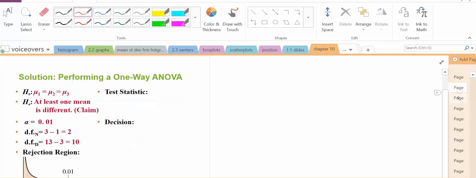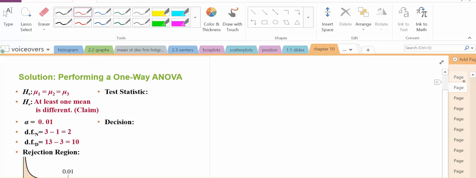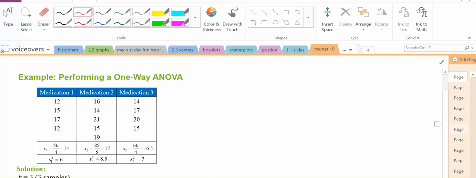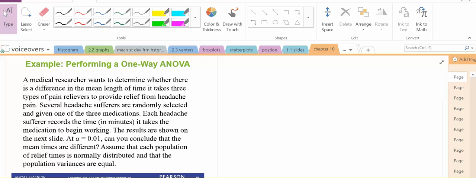So here's an example. Let's go back to the prompt. Here's an example of a medical researcher who wants to know whether there is a difference in the mean length of time it takes for 3 different types of pain medicine to relieve your headache.